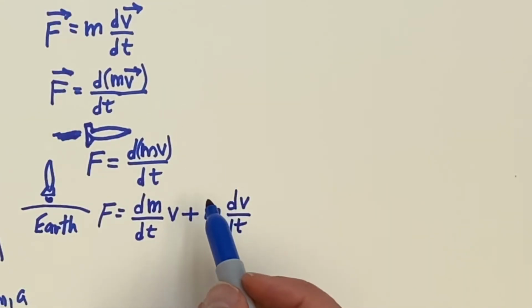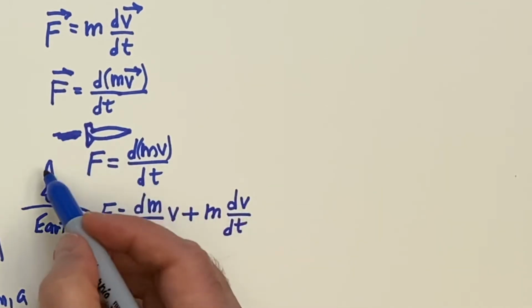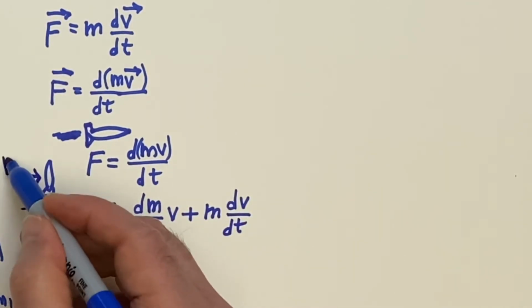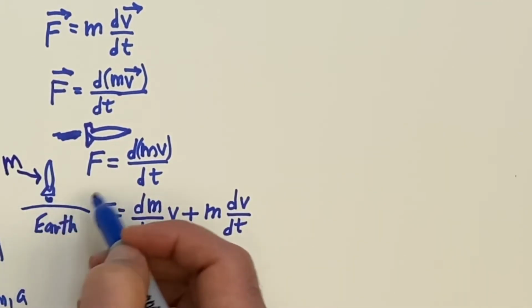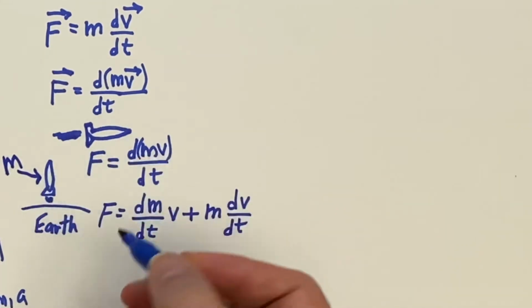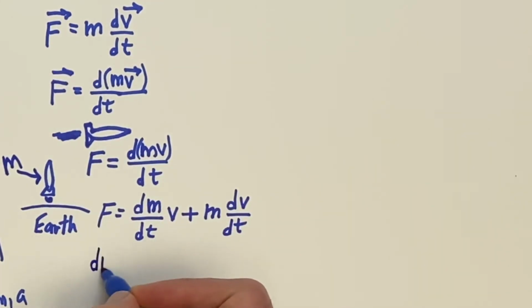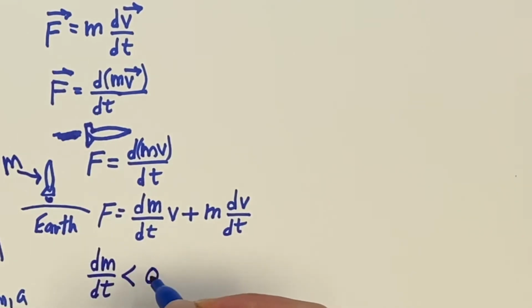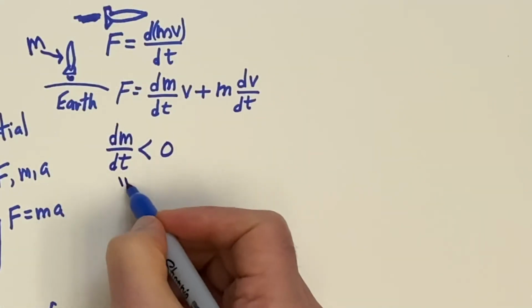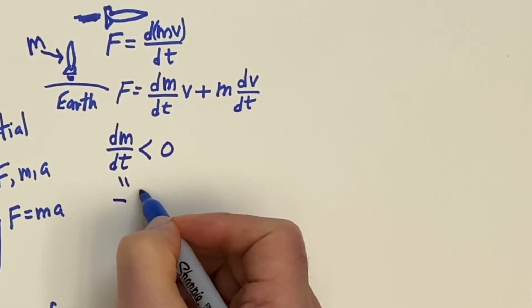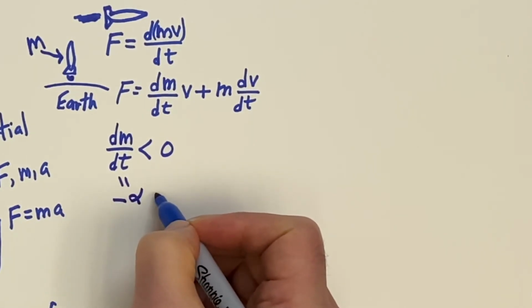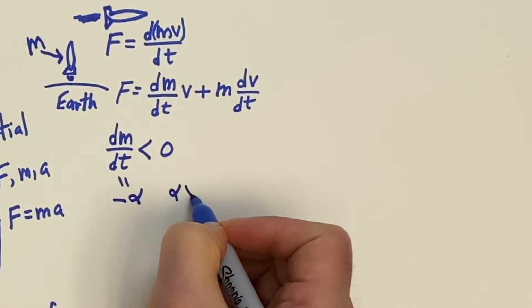Now, in the case of a rocket, you're looking at the mass. This is the mass, but if you're throwing mass away, then your mass is going to decrease. So in other words, dm/dt is going to be less than 0. So let's say this is equal to some minus alpha by definition, where alpha is greater than 0.